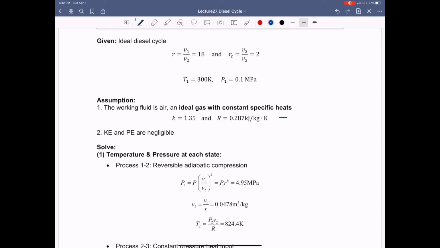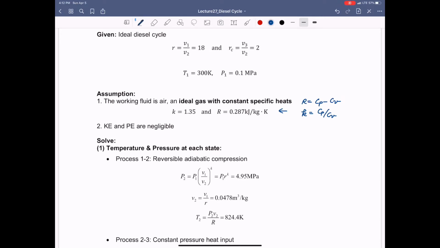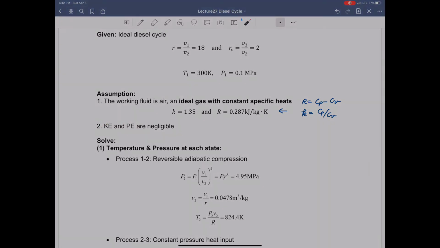So R is Cp minus Cv, and k is Cp over Cv, so you can calculate k and R. And also let's ignore the kinetic energy and potential energy of the piston.